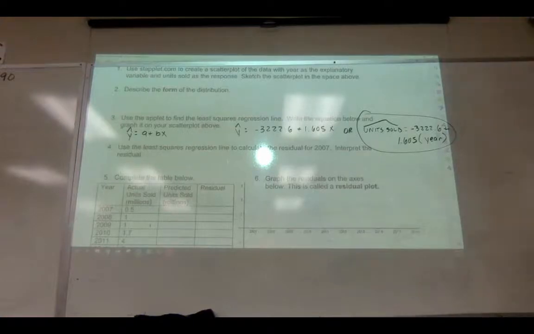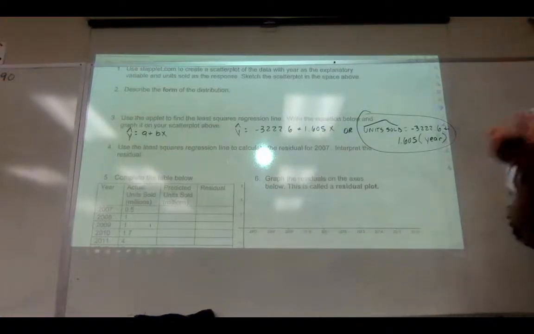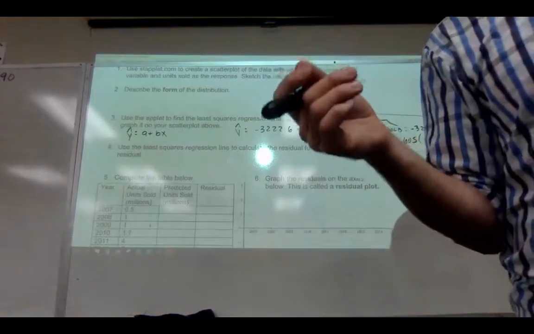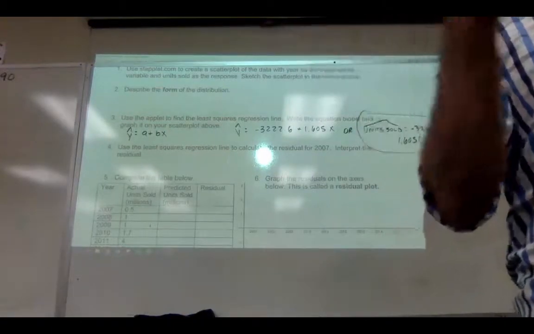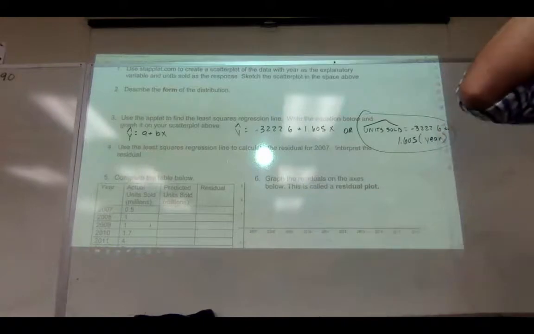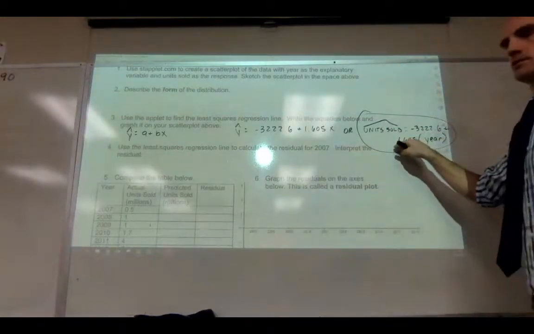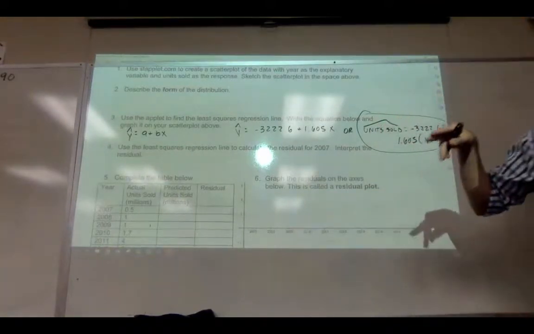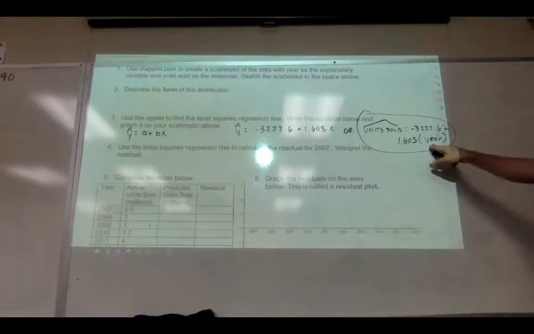We're about to start calculating residuals, which, by the way, what is a residual? The distance between the predicted point and the actual point. Yeah, the difference between an actual point and a predicted point. So think about Apple right now. They want to say, in the year 2020, how many iPhones am I expected to sell?